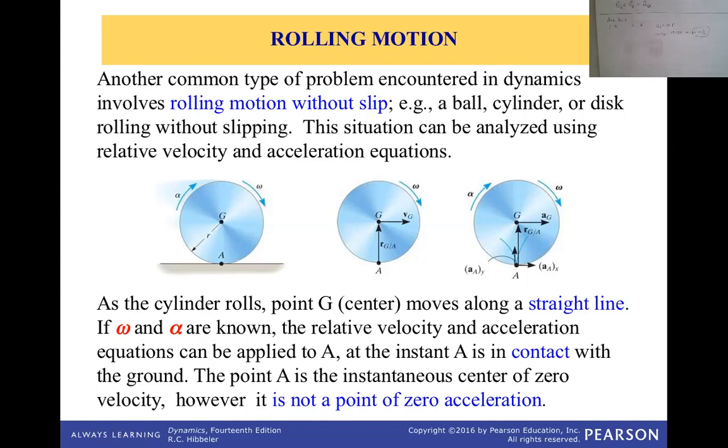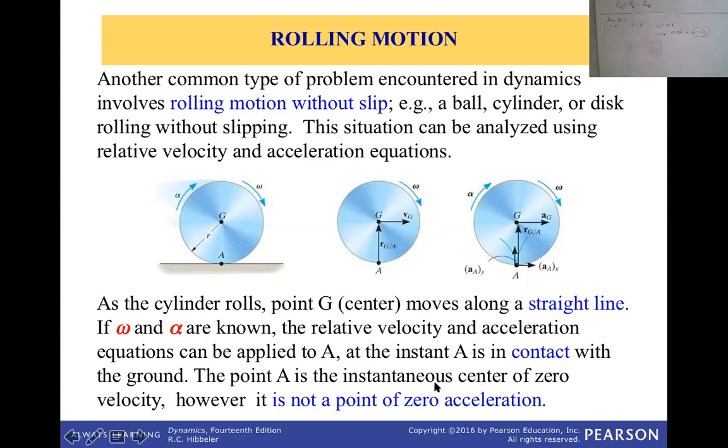All right, let me see what the text says here. So G would be moving in a line here, so the acceleration of G would be in the horizontal direction. If alpha and omega are known, then you can apply relative velocity and acceleration equations to point A. So both of the equations you can apply.